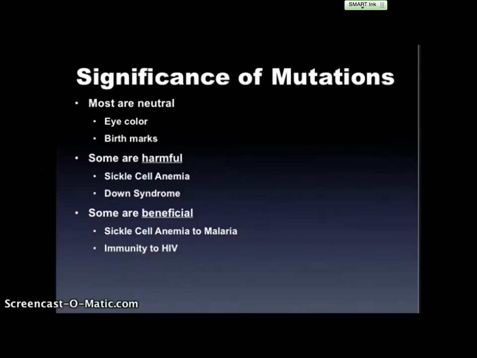Down syndrome is where there's an entire extra chromosome. It can cause a lot of different problems that we're going to get into briefly. However, some are beneficial. Sickle cell anemia does give a person immunity to malaria. And if somebody does have a CD4 mutation, they're actually immune to HIV, as we had learned back in Unit 5.